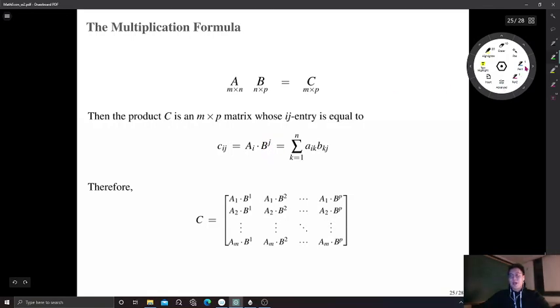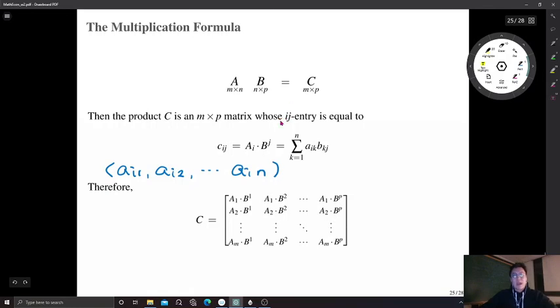Okay, so the ith row vector of matrix A is going to be this row vector: A sub i1, A sub i2, and because in matrix A there are n columns, it goes all the way to A sub in.